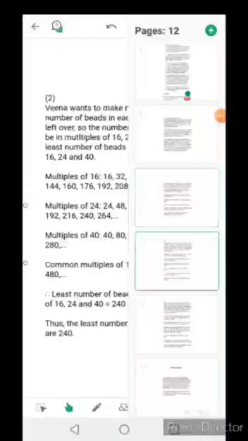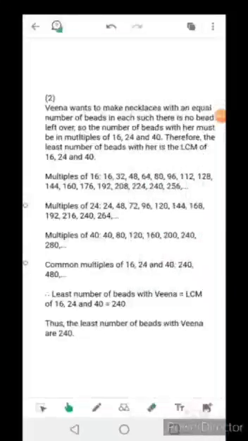Now the next problem. Veena wants to make necklaces with an equal number of beads. In each necklace there is no bead left over. Means she wants to make necklaces and no bead is left over with her.